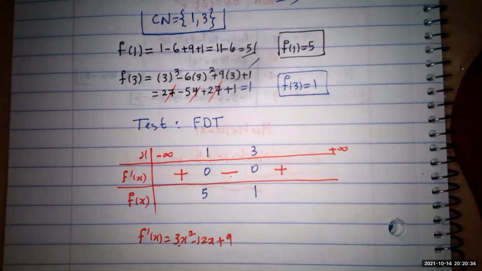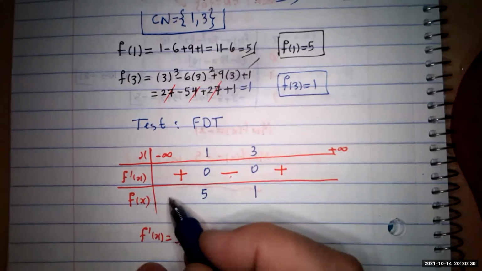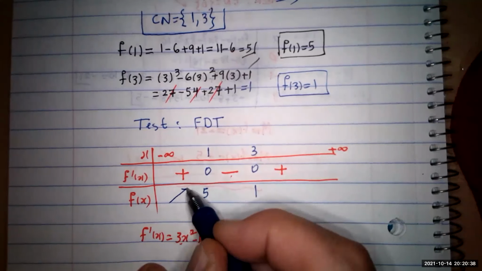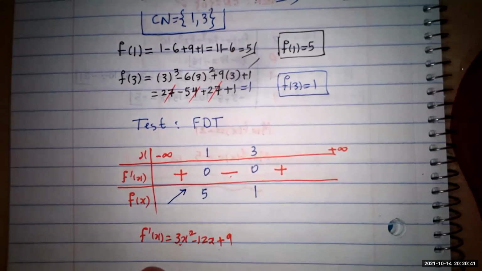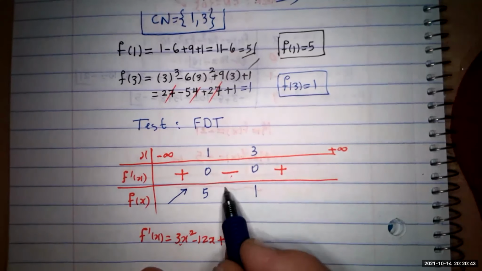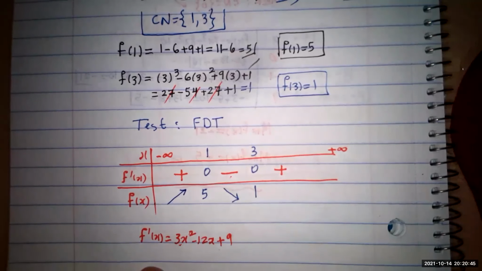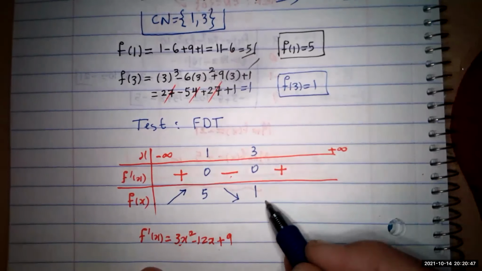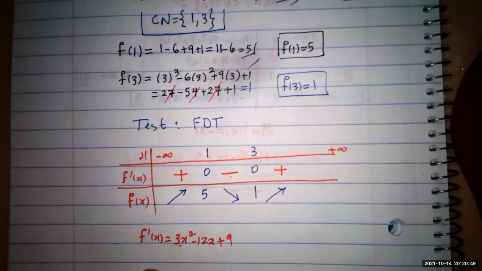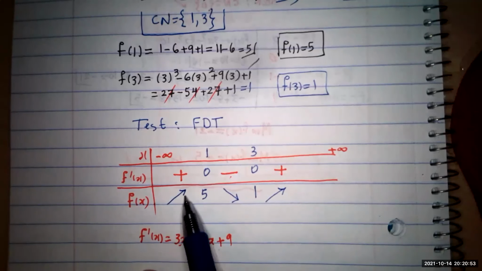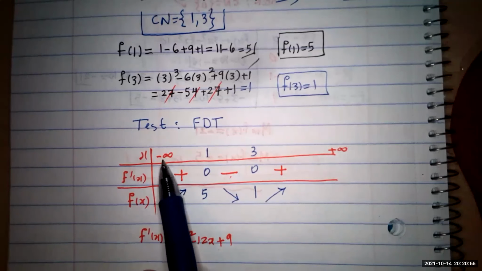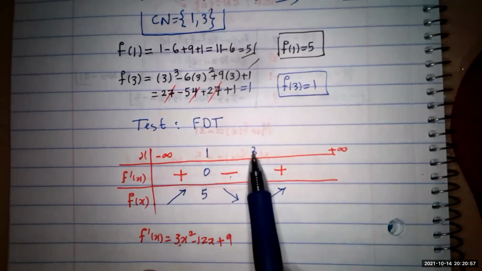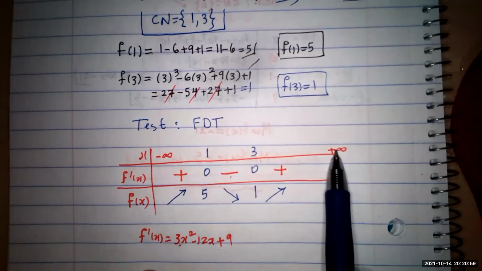Now, in the direction, f prime is positive, so the function is increasing. f prime is negative, the function is decreasing. And f prime is positive, the function is increasing. That's it. So this function would be increasing on the intervals negative infinity to 1, and 3 to positive infinity.